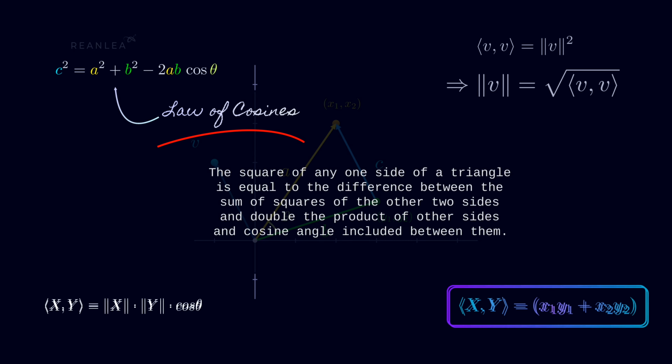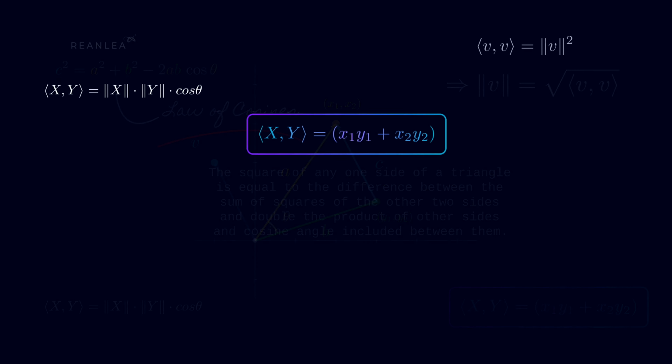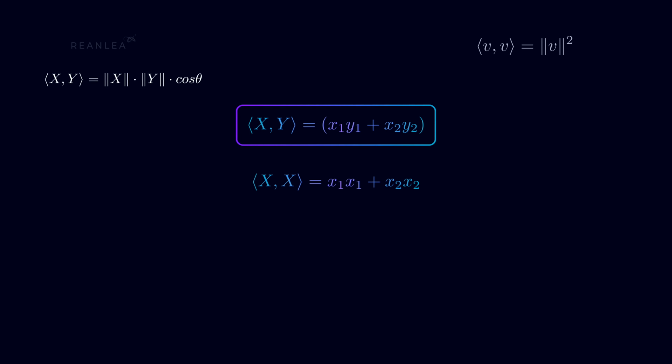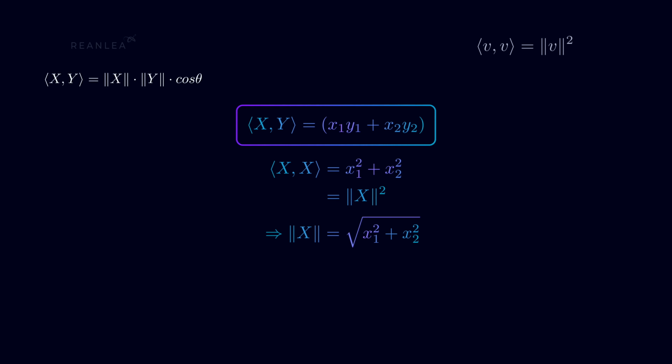By using all these relations, we get the inner product of x with itself is equal to x1 square plus x2 square. And since the inner product of x with itself is nothing but the square of the norm of x, we can conclude that norm x is equal to the square root of x1 square plus x2 square.